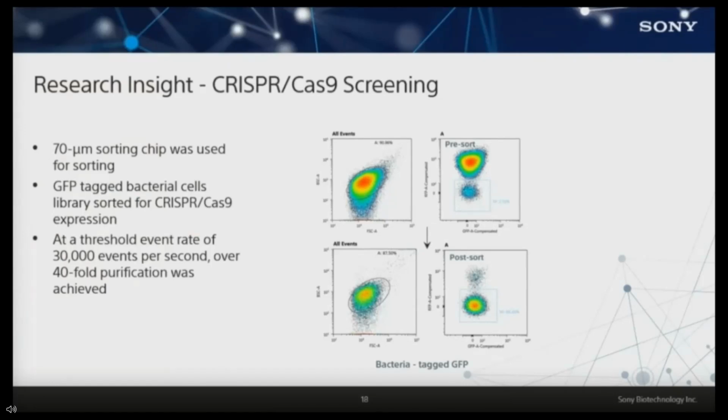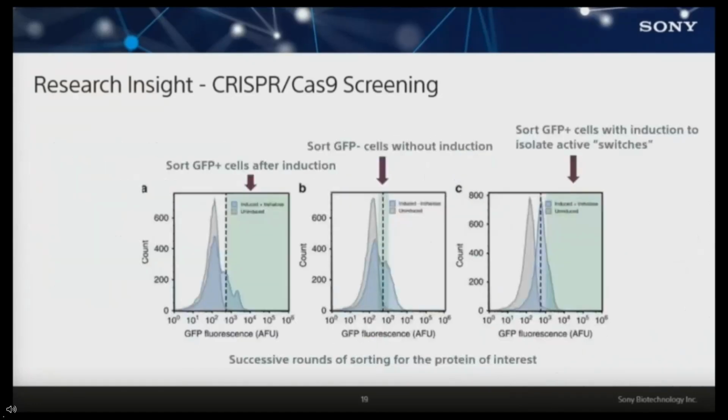The run rate is quite impressive with 30,000 events per second to allow for a 40-fold purification. So again, this is our pre-sort data right up here, and we're looking to enrich this population. And here's our post-sort data here. We're basically looking at one color, but again, a marked increase in purification, allowing for downstream applications to be successful.